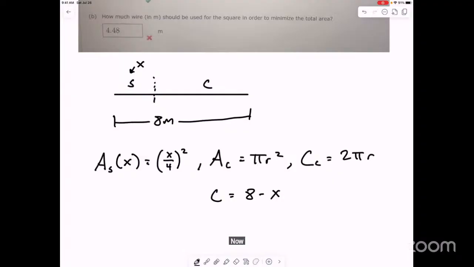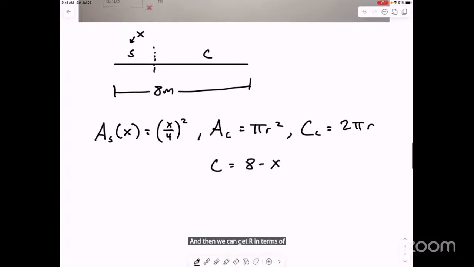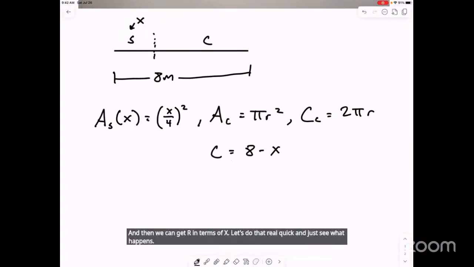Now, is it possible to get the area in terms of C, or I guess in terms of x? If C is 8 minus x, that's going to be our circumference. We can set this equal to the circumference, and then we can get r in terms of x. Let's do that real quick and see what happens.